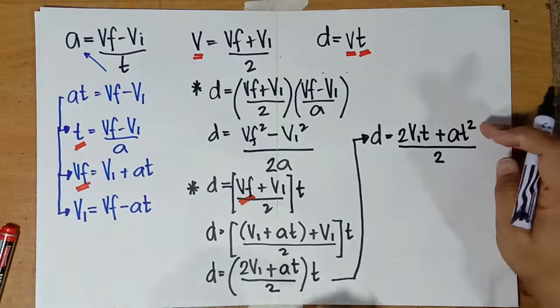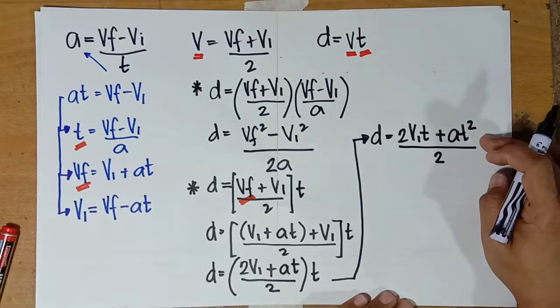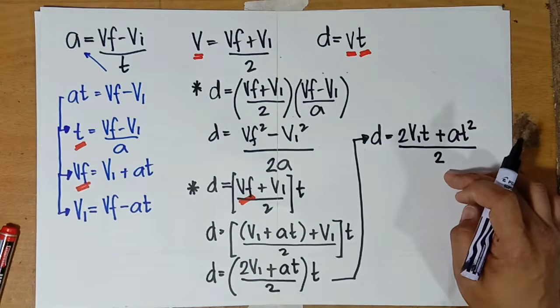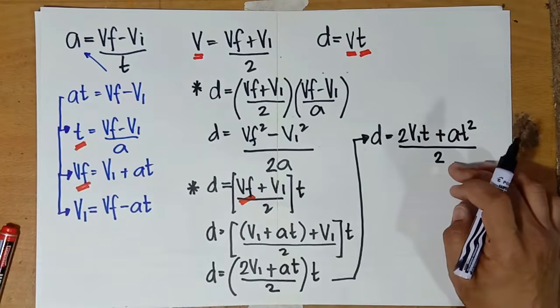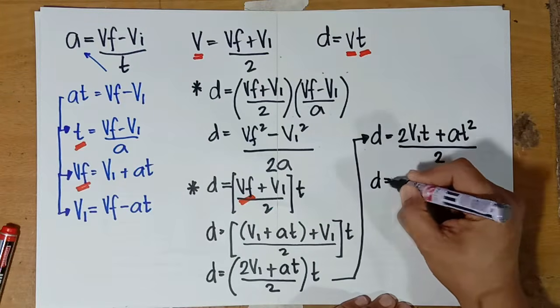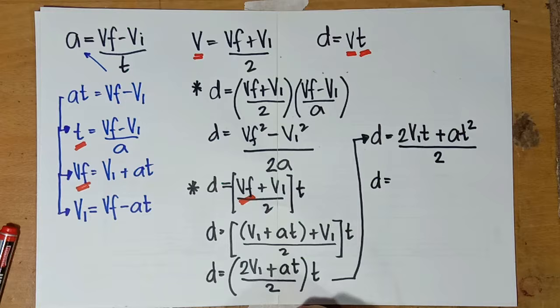You can already use this as a formula. But again, you might be confused because this is not how it looks like if you're going to check physics books. Then let us simplify that further so we can separate them. Again, let us try to recall your elementary mathematics.